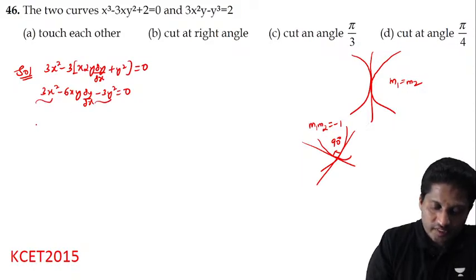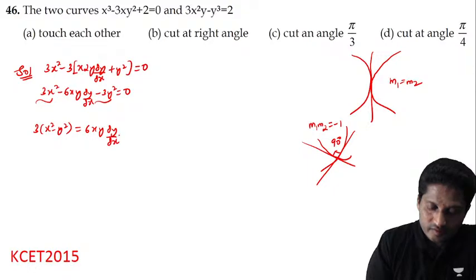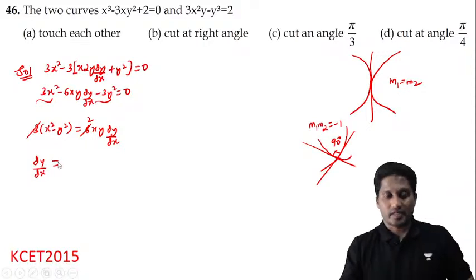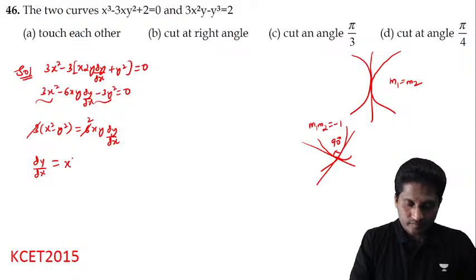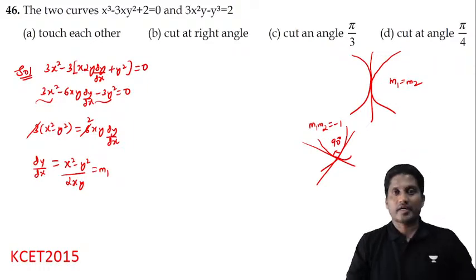In these two terms, I can write 3 times x square minus y square is equal to 6xy dy by dx. The 3 will cancel. So dy by dx is equal to x square minus y square divided by 2xy. This is m1.